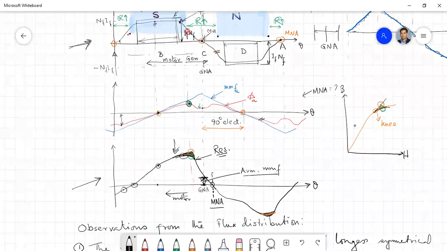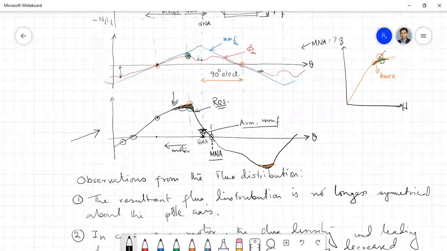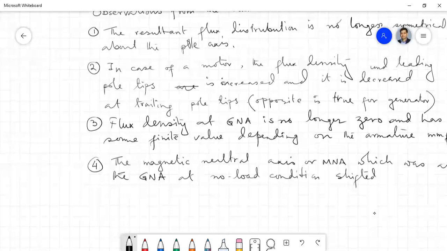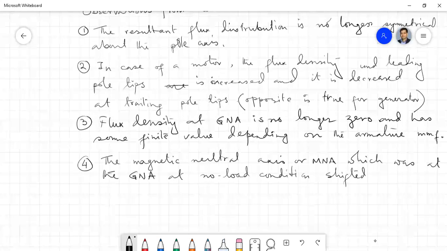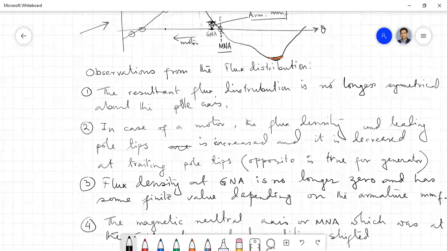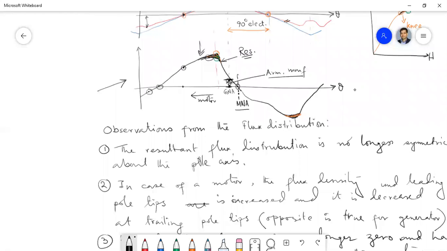Is that clear? Could you repeat the last step once? Which one? In which direction is the MNA shifted? I am asking in which direction the MNA is shifted. MNA is shifted against the direction of rotation in case of motor, or backward.